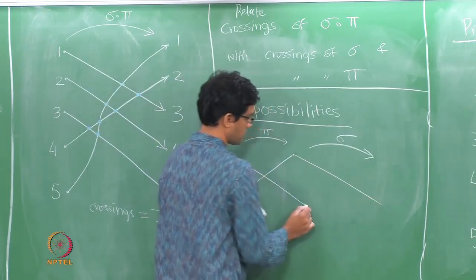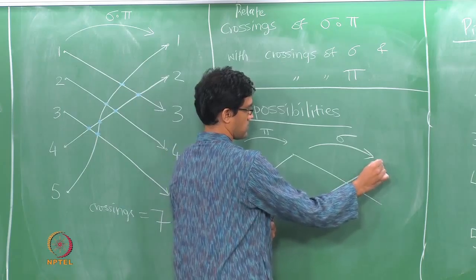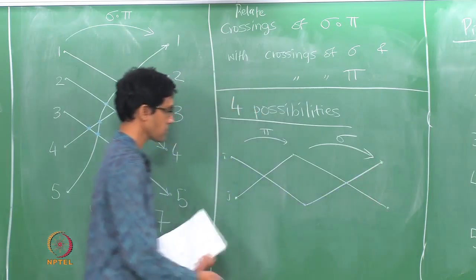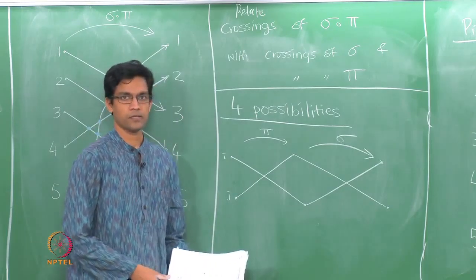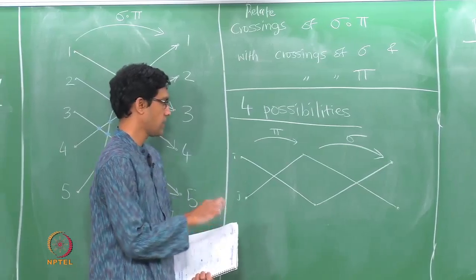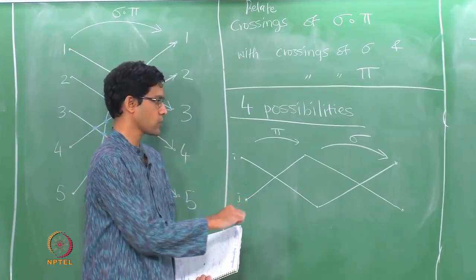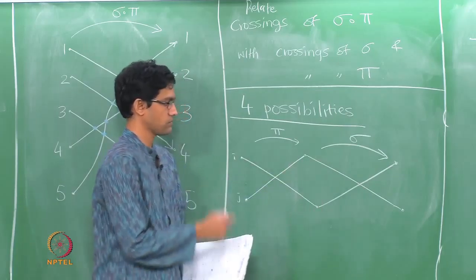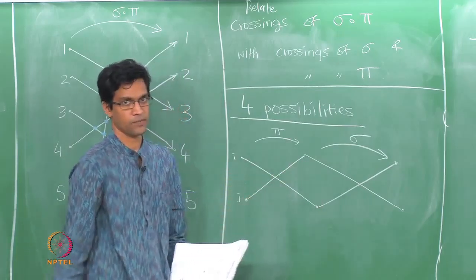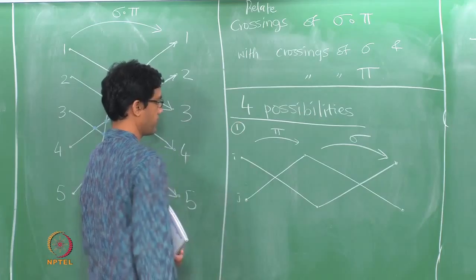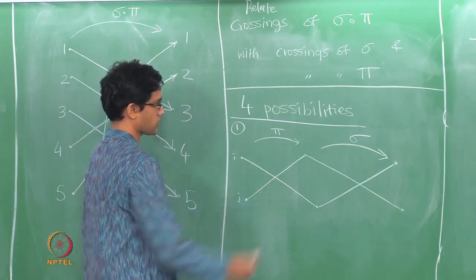Sigma again leads to a crossing, it inverts the order of these 2 elements. So here is one possibility, that for the pair i, j, pi gives me a crossing, and for the resulting numbers sigma again gives me a crossing. So this is 2 successive crossings. Now suppose such a thing happened, then what would happen? So this is case 1, the very first possibility, that I have 2 successive crossings.